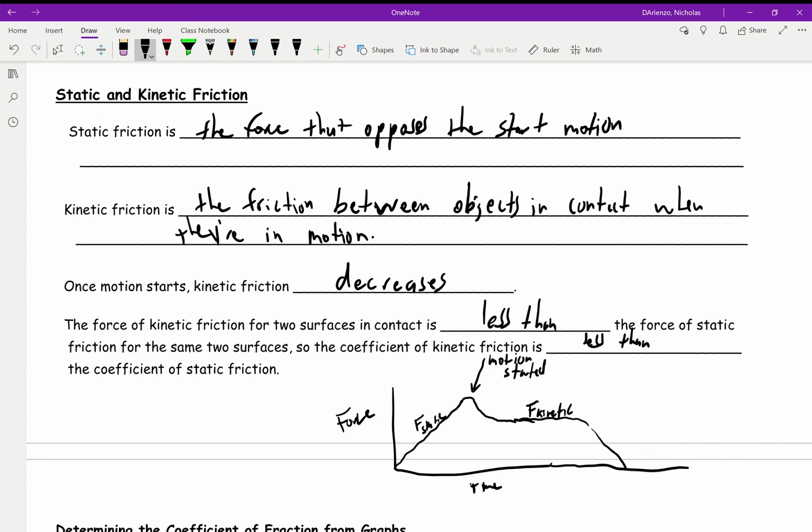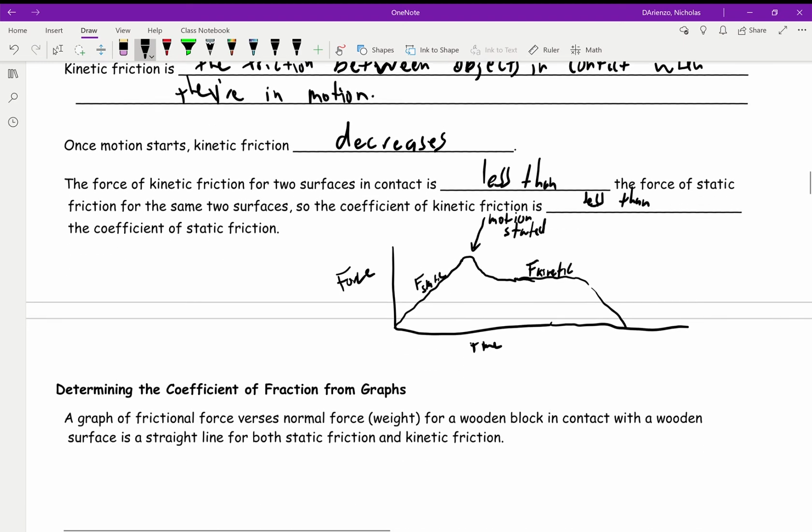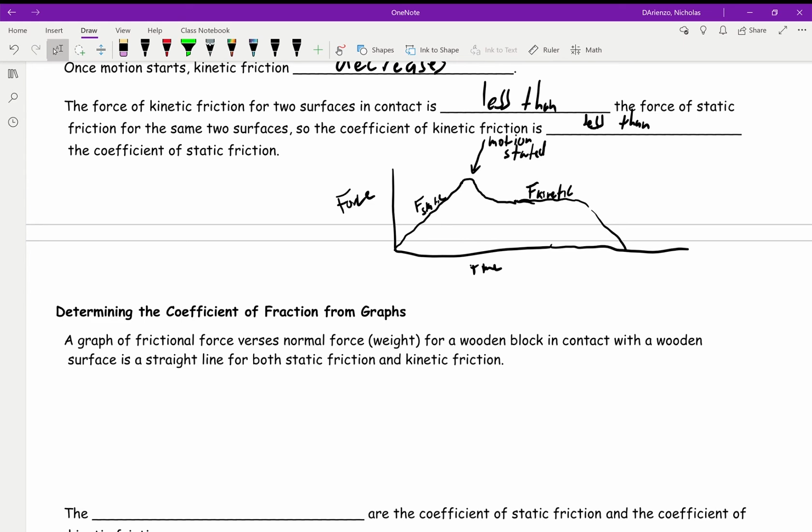Once the cart started to move, we overcame that static friction, we could then apply a smaller force to keep that cart moving at a constant speed. This shows that the kinetic friction force is going to be smaller than the static friction force.